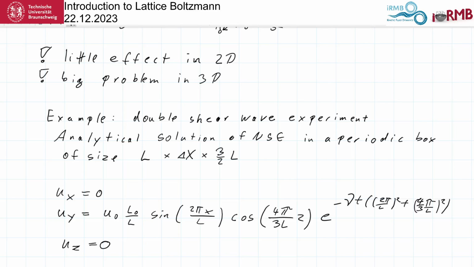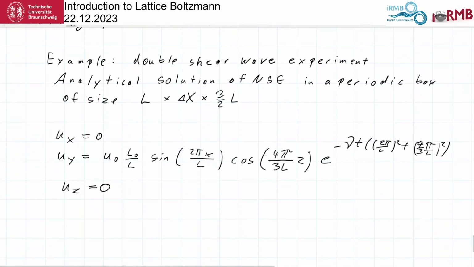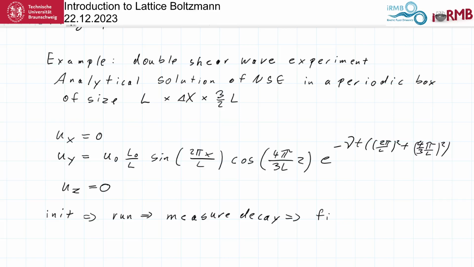It's a very unnatural flow, but it is a very simple flow, and it highlights what the problem is. So now what you're doing with this is you initialize the simulation with a given velocity u0, then you run it, then you measure the decay, because this decays with this exponential function. With the measured decay you fit a viscosity that you call nu numeric, and then you compute the error.